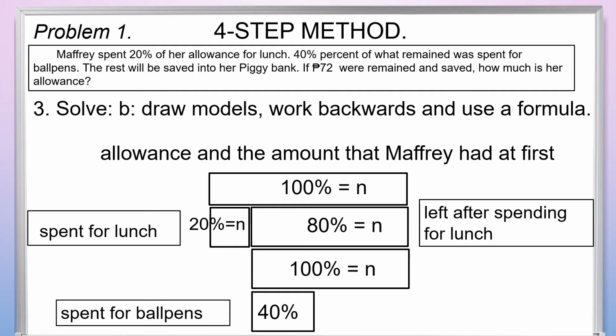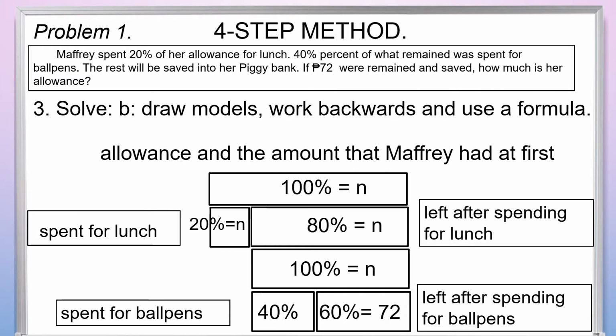The other part is 100% minus 40% equals 60%. This represents what was left after spending for ball pens, which is also equal to 72 pesos, the amount left with her. Now, we have all regions represented.